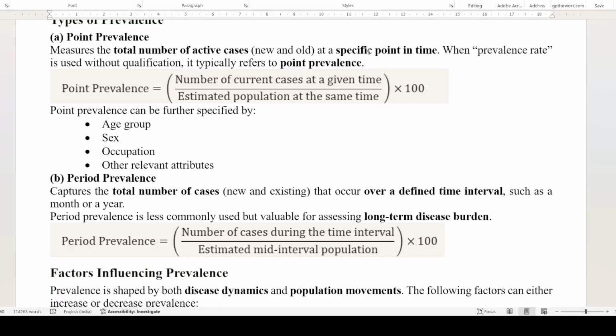It can be a particular date, or if we are pinpointing a certain age group, any gender like male or female, any occupational group, or any other relevant attribute. So we are just pinpointing one factor, that is known as point prevalence.